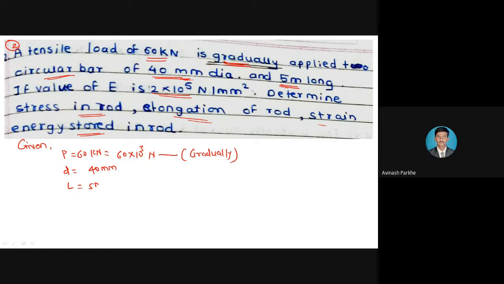Length is given as 5 meter, so we have to convert it to mm, that is 5000 mm. Young's modulus is given as 2 into 10 raised to 5 Newton per mm square, and we have to calculate the stress in the rod, the deformation of the bar, and the strain energy stored in that particular bar. That means these three parameters we have to calculate.